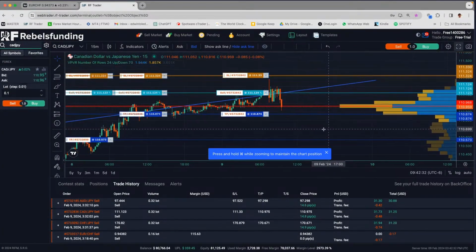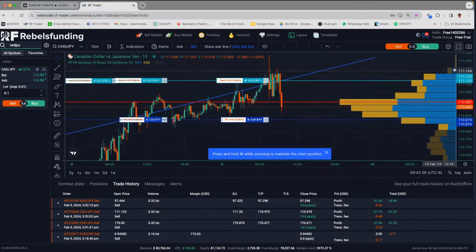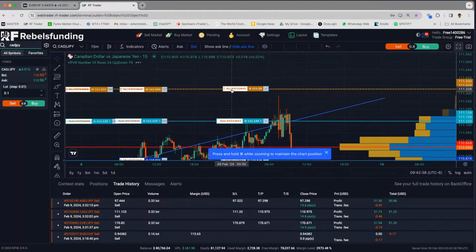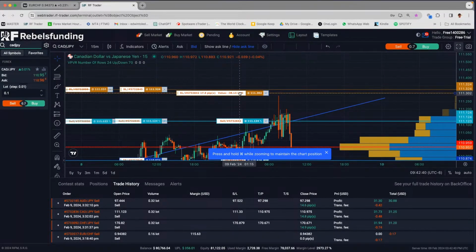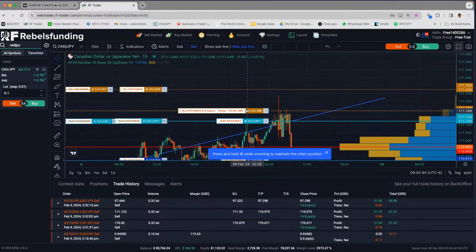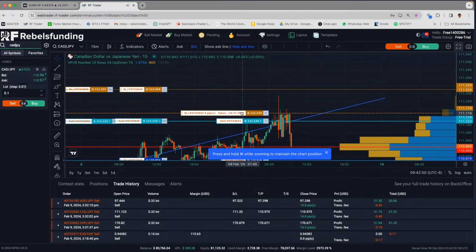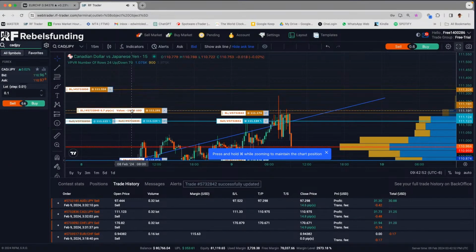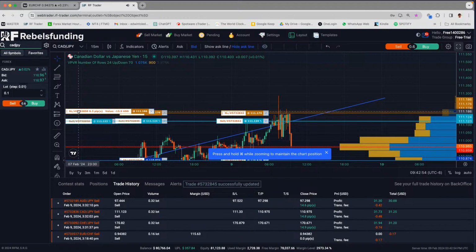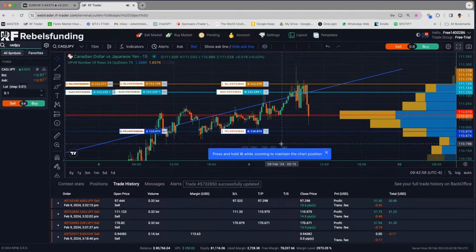It broke that line that we drew, that we were excited for price to break. Now we just go with 5 pips stop loss.